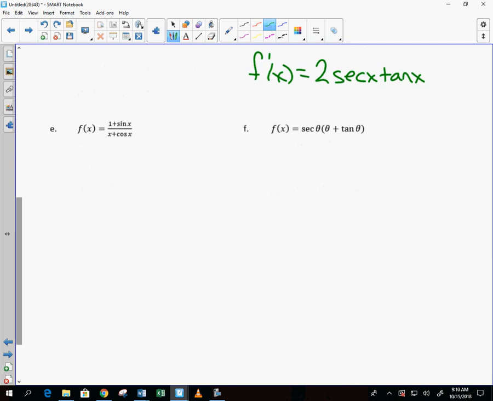There's no easy way to rewrite letter E. So we are just going to have to use the quotient rule. Okay? So f prime of x says I have the derivative of the top. What's the derivative of the top?